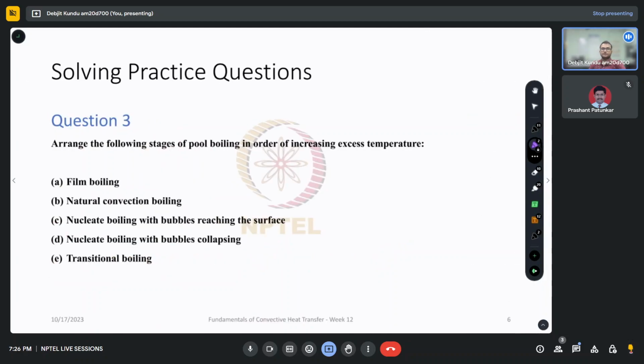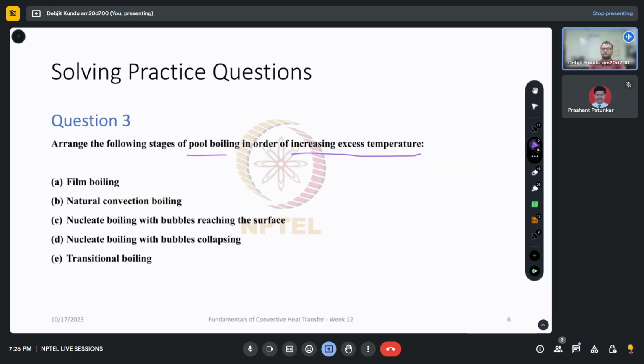Move on to question number 3 now, in which you have to arrange the stages of pool boiling in increasing order of excess temperature. It's a similar question with some different stages now.